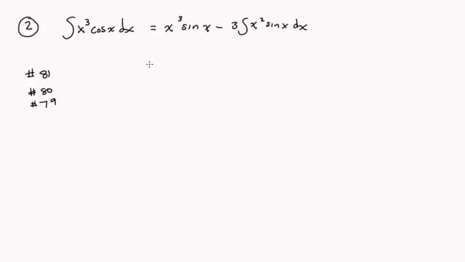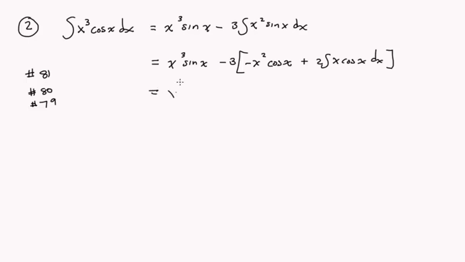The table of integration is a set of rules that you can use to integrate. So using the next item on the integration table, x cubed sine x minus 3 times negative x squared cosine of x plus 2 integral of x cosine of x dx.